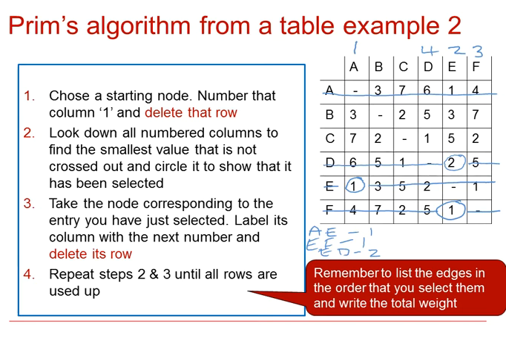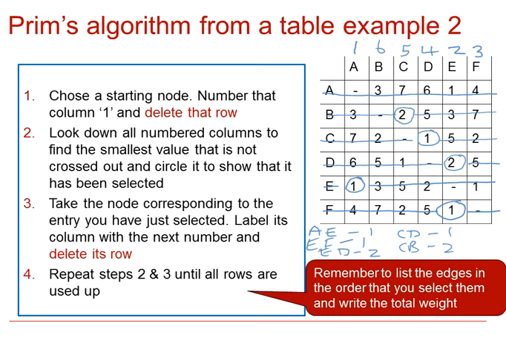Looking down again, this time I'm looking down all 4 columns, I can see that the smallest one is CD at a 1. So that then becomes my 5th column, and I cross out that row. And then I can see that the smallest way of connecting B is to say CB at a 2. So therefore I add the 6 and I cross out that column to complete all of my working.